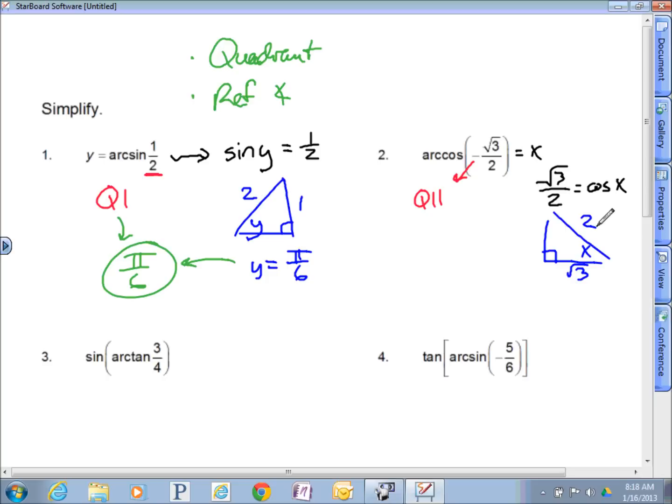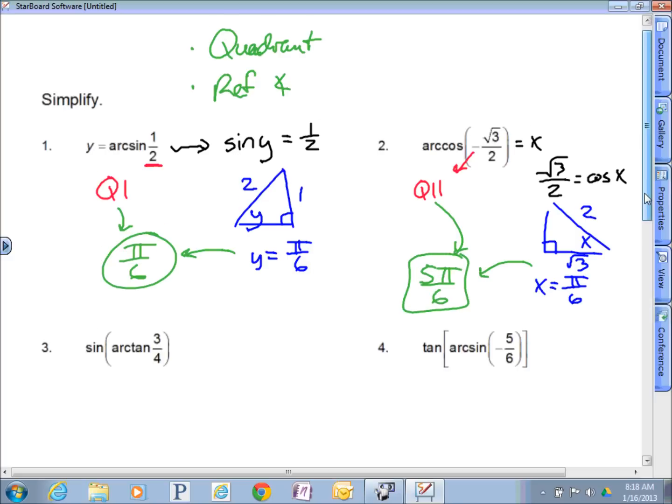This time my reference angle, x, is going to be pi over 6. Now when I put that pi over 6 into quadrant number 2, I'm pi over 6 radians shy of getting all the way to pi, or 180 degrees. So that gives me an answer of 5 pi over 6 radians: quadrant number 2 with the reference angle pi over 6. Problem 3.